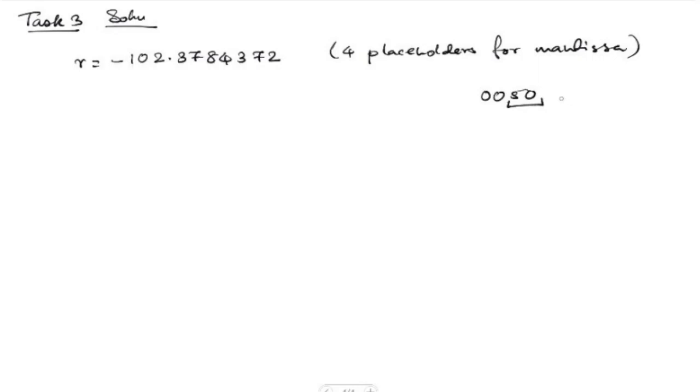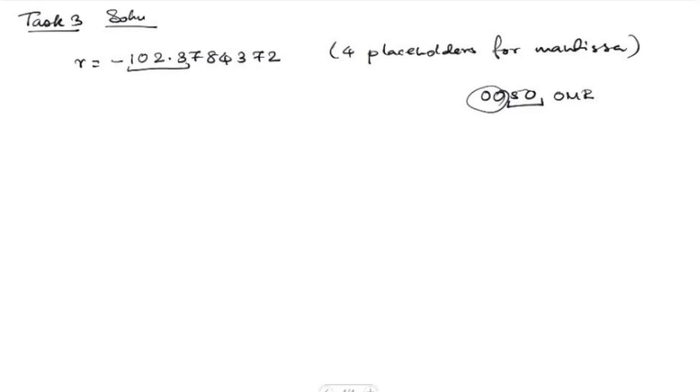Like if you want to say 50 OMR, the 00 makes no significance to the 50 OMR. So here now, if you look at the significant digits, we have 1, 2, 3.